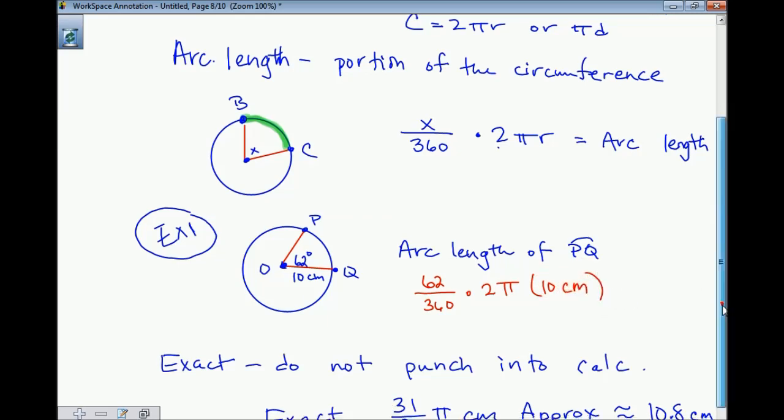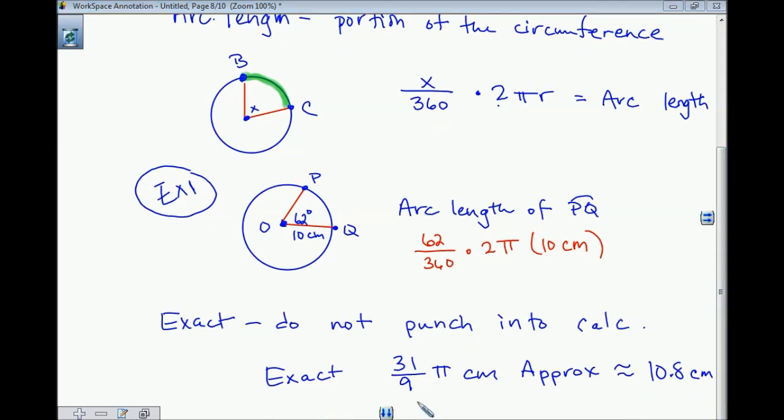Now we have two ways we can give our answer. We can give our answer in either exact form, which I already have up here, or approximate form. To find exact, you're going to leave your answer in terms of pi. So we'll have pi in our answer. If we're going to use our calculator, we would not punch pi into the calculator.